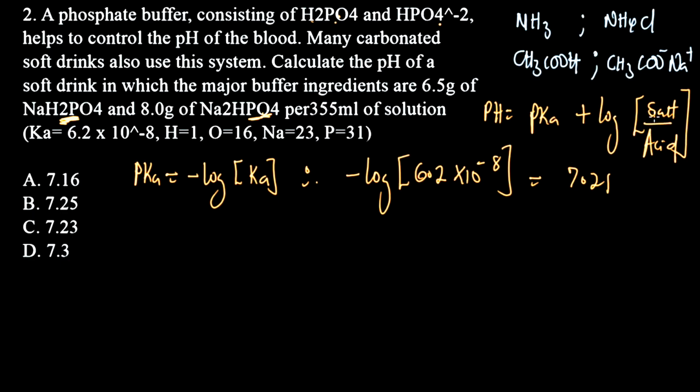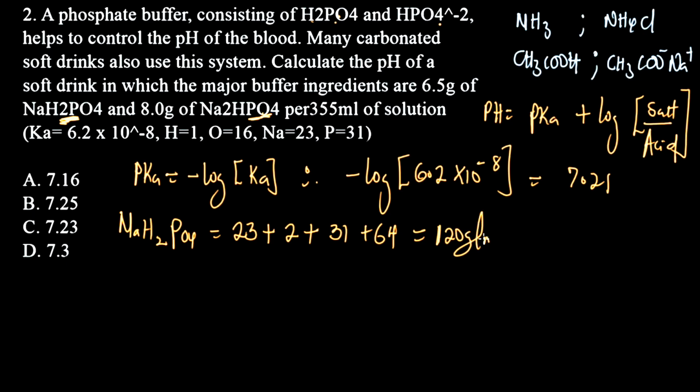For us to get this, we recall that we're given this in gram, so we need to convert this to mole per dm cube. How do we do that? We have the acid to be NaH2PO4. So let's find the molar mass: 23 plus 2 plus 31, and we have this to be 64, that is 16 times 4. So everything here becomes 120 gram per mole, right?